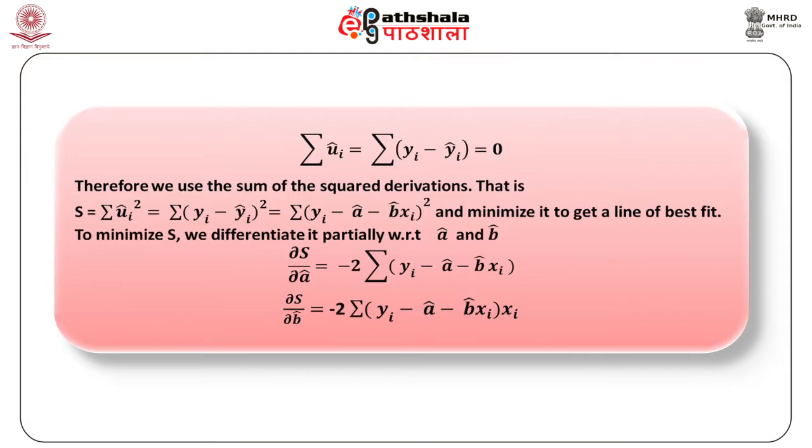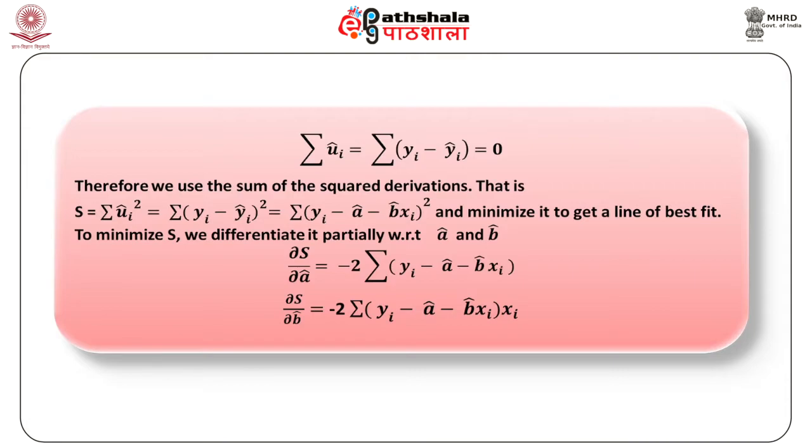To minimize S, we differentiate it partially with respect to a cap and b cap. So, the partial derivative of S with respect to a cap equals minus 2 multiplied by summation yi minus a cap minus b cap multiplied by xi.